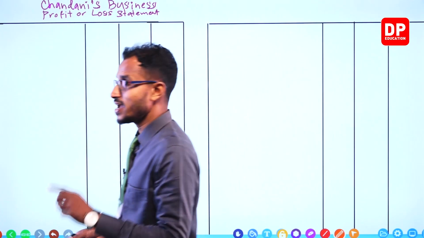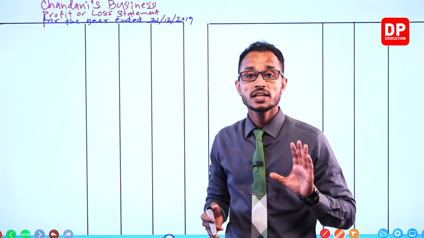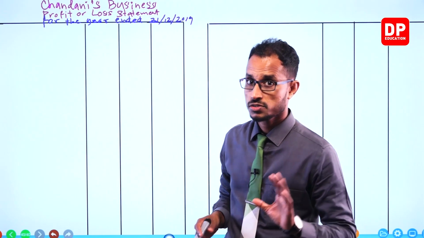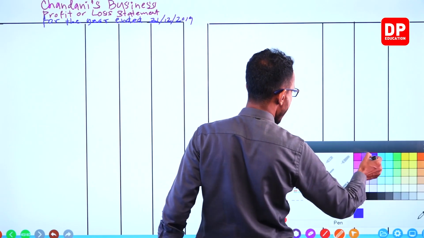For the year ended 31st December 2019. Likewise, you have to put the names of the statements. You get marks for that.